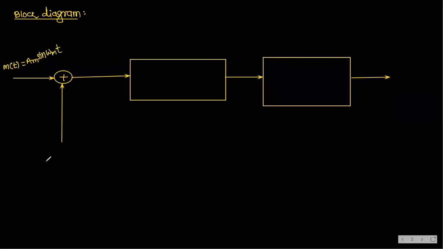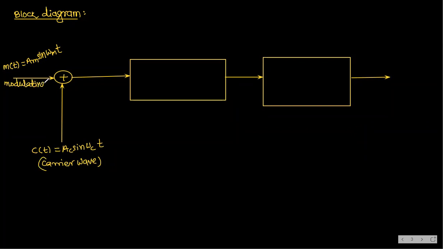And from down you have the carrier signal that is equal to Ac sine omega c t. So this modulating signal and this carrier signal or carrier wave, this is the carrier wave, and this side is the modulating signal.